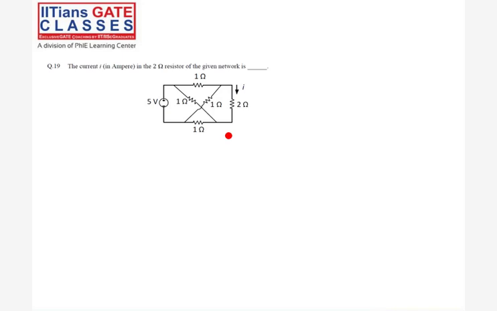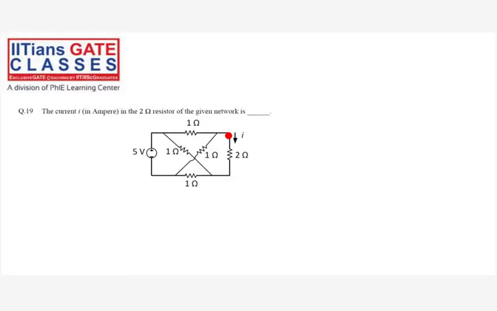If you identify the circuit, then the answer is straightforward. I think I is 0, right? How? It's a balanced Wheatstone bridge. If you can picture it, this is a balanced Wheatstone bridge. This is the central limb.